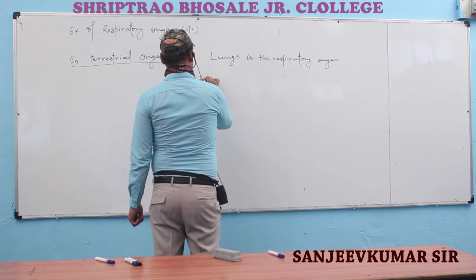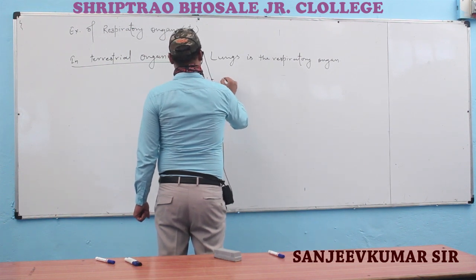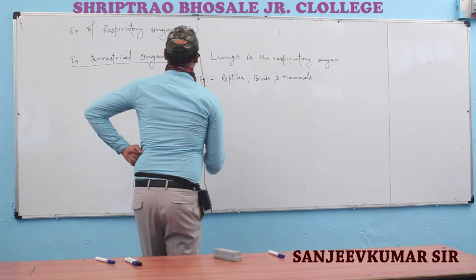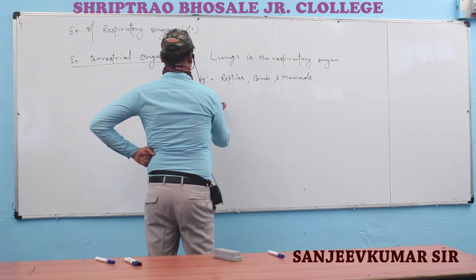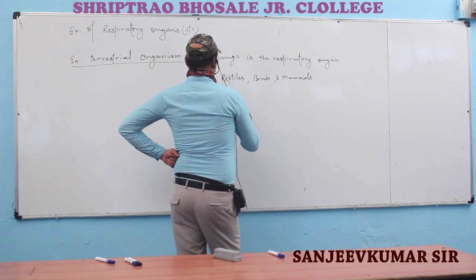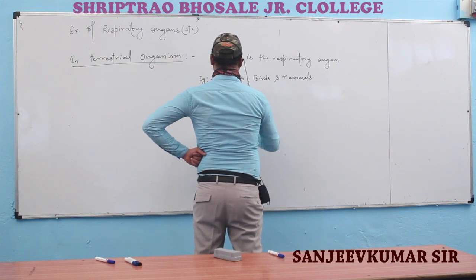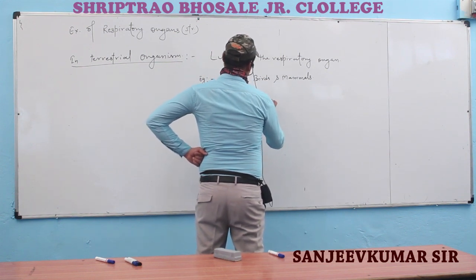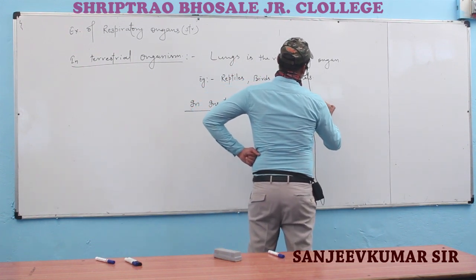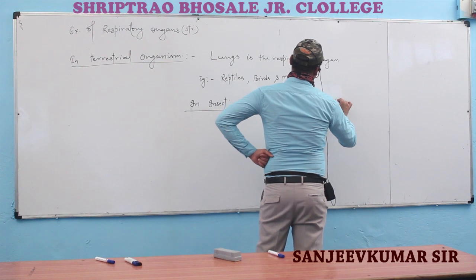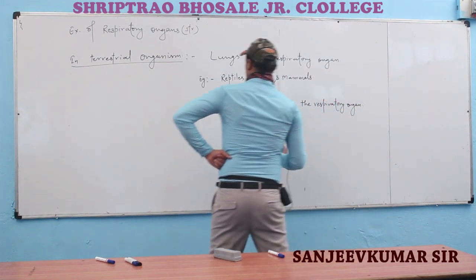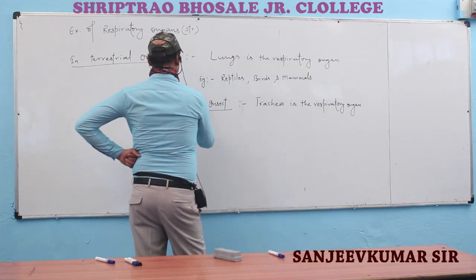As for example, in insect, trachea is the respiratory organ, that is the terrestrial.